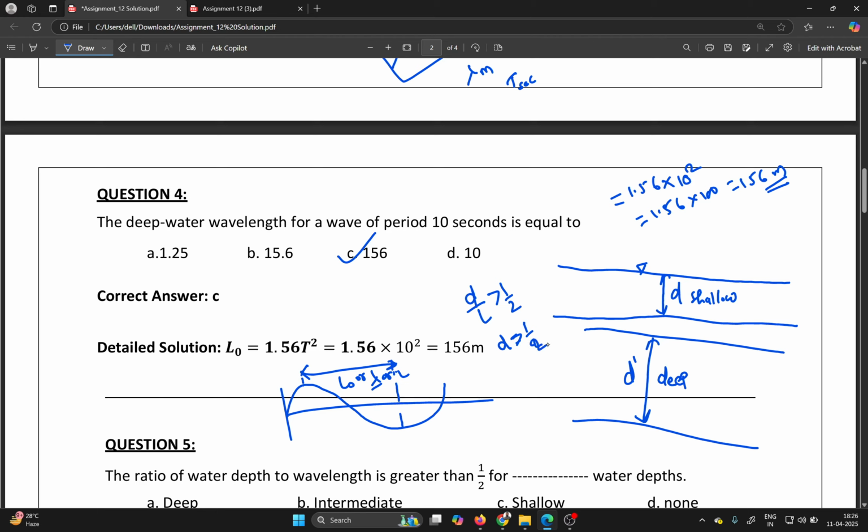So if this much depth, maybe here if you want to draw the wave, your wave will be like that, up to here is half, but you have more, so like that. Here also the same amount will go up, so like that.